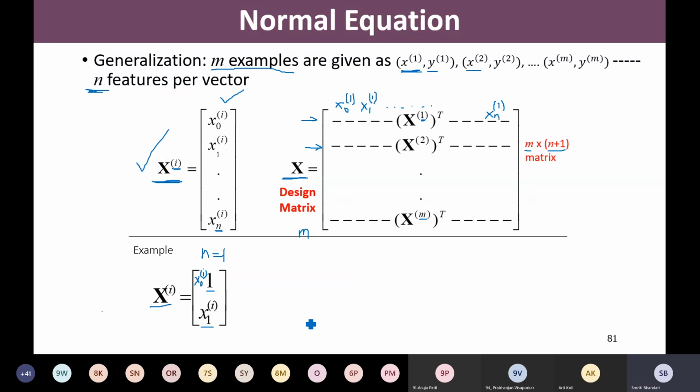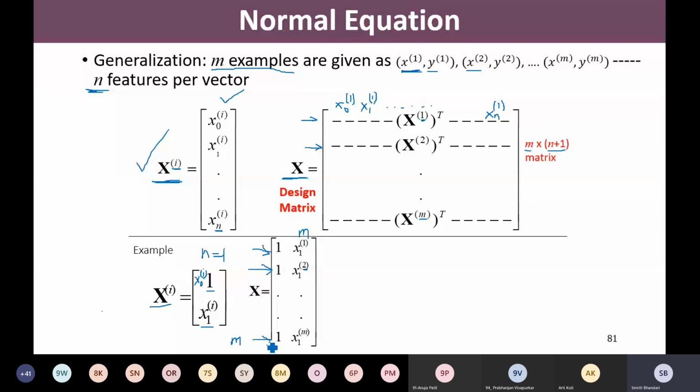Is that correct? So how am I going to form my design matrix? If I have m examples, then I'll have m rows in this matrix X. What would be there in one row? The transpose of this. For the first example, I'll have 1 here and x11. For the second example, 1 will be there and x12, because it is the second example.